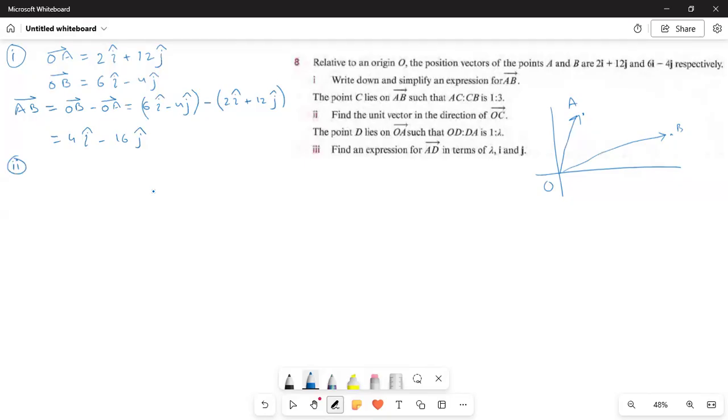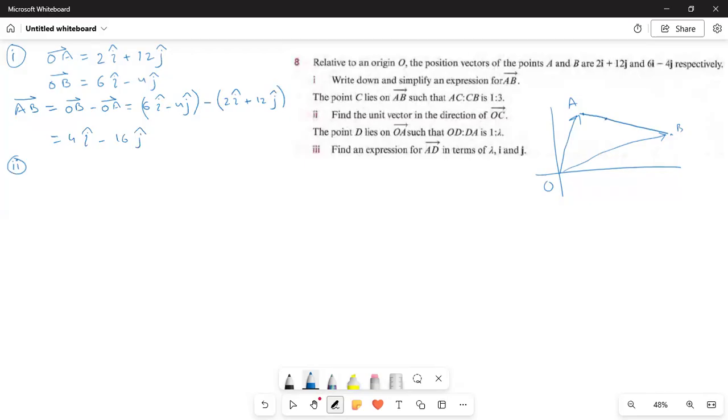It says find the unit vector in the direction of OC. We are given that the point C lies on the line AB, such that AC to CB is 1:3.